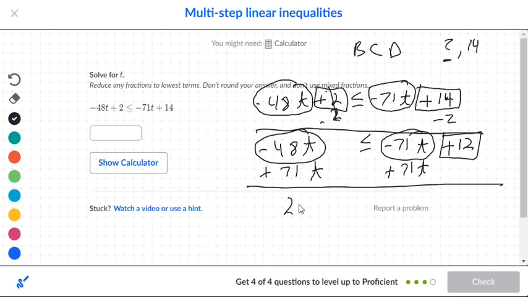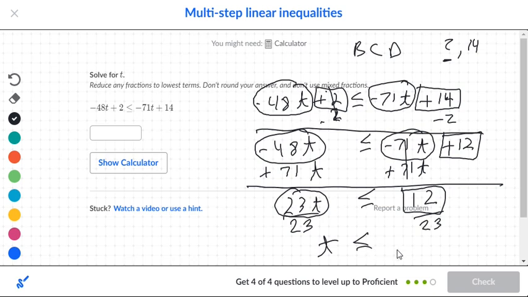So we'll say 23t, inequality sign, this and this will cancel out, and this will give you 12. So notice we have one circle and one box. We divide by 23. So we have t, our inequality sign, and then 12 over 23.